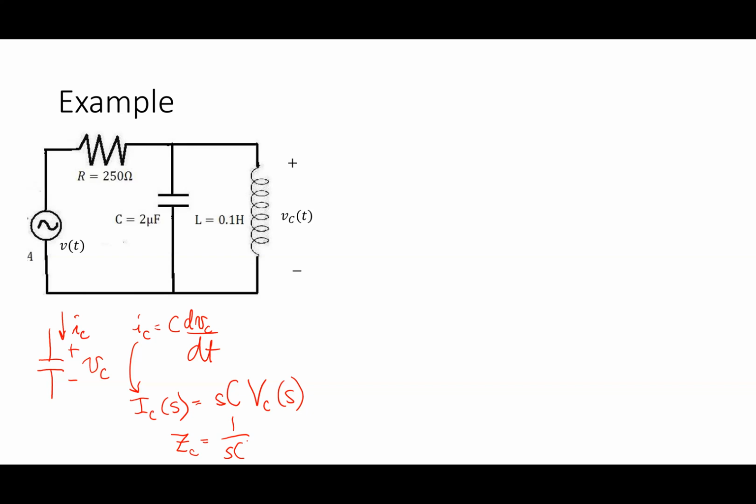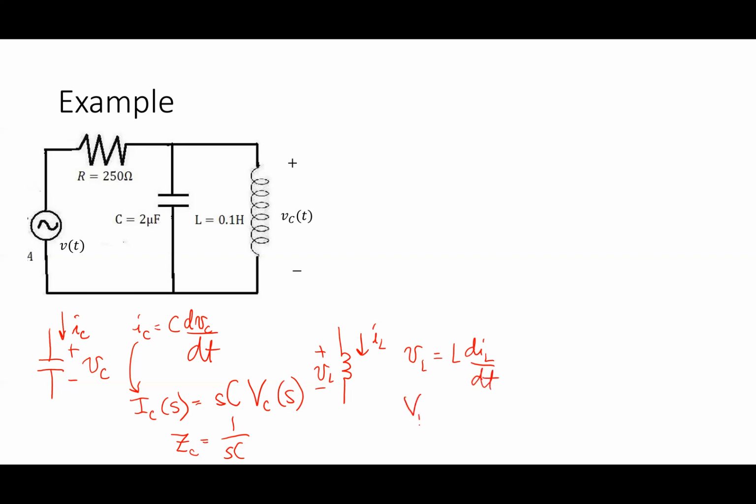So we talked last time also about the inductor. What was the relationship between I sub L and V sub L here? We know that V sub L equals L dI sub L by dt.